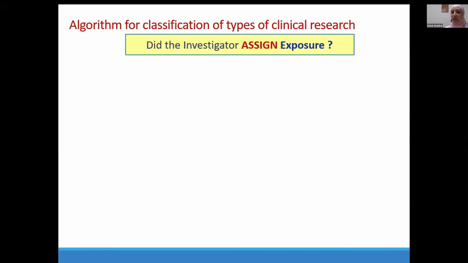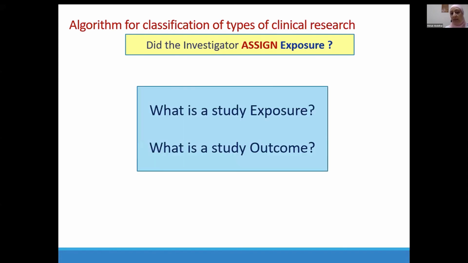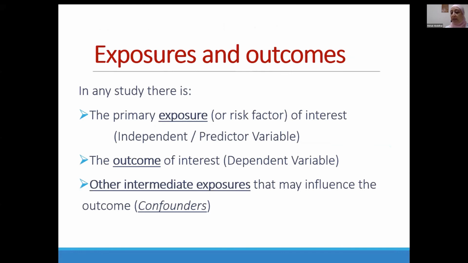So the first question that we're going to discuss is, did the investigator assign exposure? Now we want to know what is the study exposure and what is a study outcome. In any study, there is the primary exposure, which we may also call the risk factor of interest.